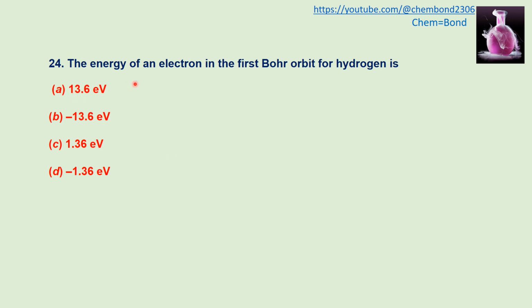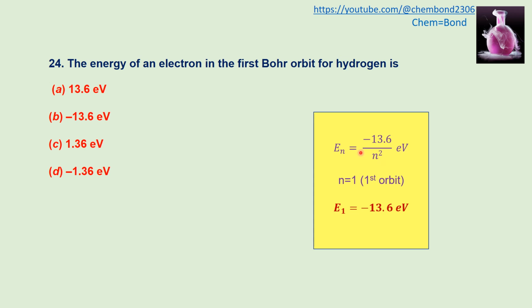The energy of an electron in the first Bohr orbit of hydrogen is: 13.6 electron volt, minus 13.6 electron volt, 1.36 electron volt, or minus 1.36 electron volt. So minus 13.6 divided by n square electron volt is the formula for calculating the energy of an electron in an orbit.